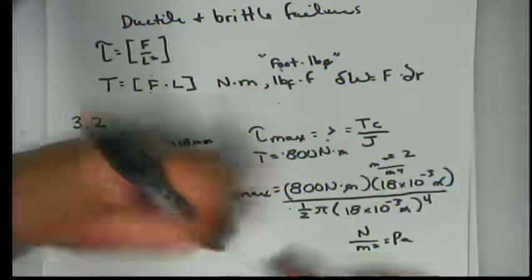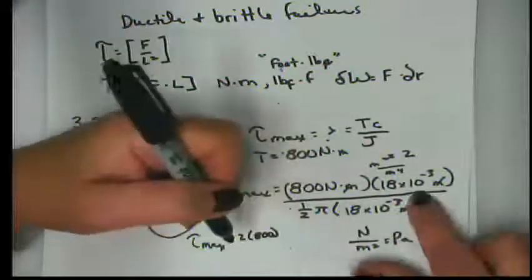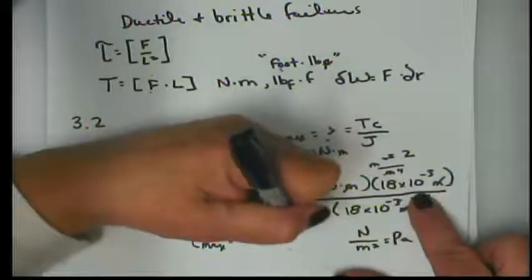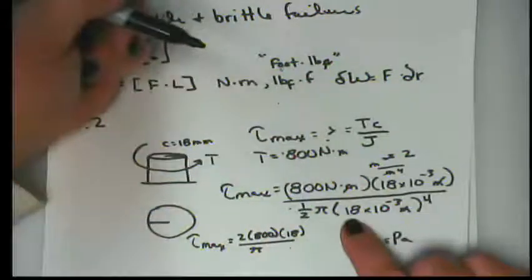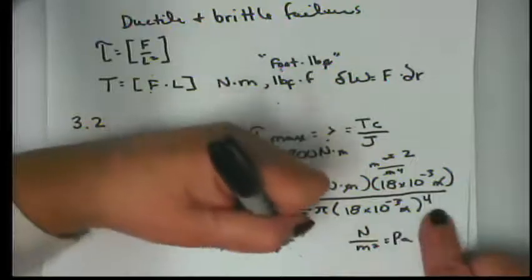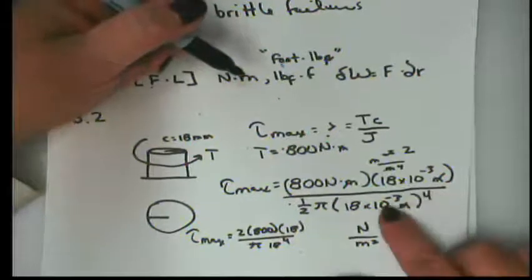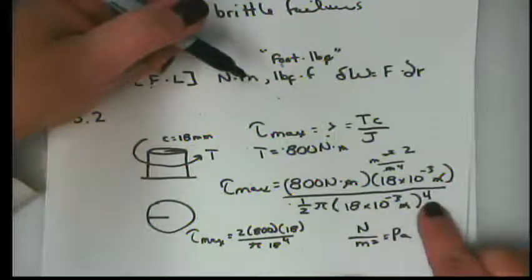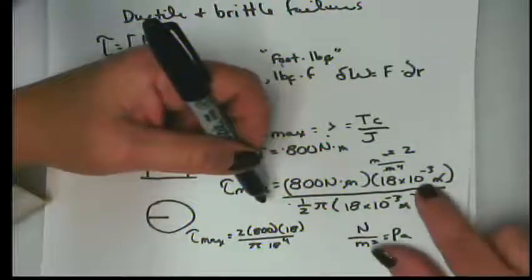So tau max then, this 1/2 becomes 2 in the numerator. 2 times 800 and times 18. We're going to work with the powers in just a minute, divided by pi. Down here, I have 18 raised to the 4th power, right? And then what are my powers of 10? Well, if I take 10 to the -3rd and raise that to the 4th power, this becomes 10 to the -12th in the denominator, which becomes 10 to the +12th in the numerator.